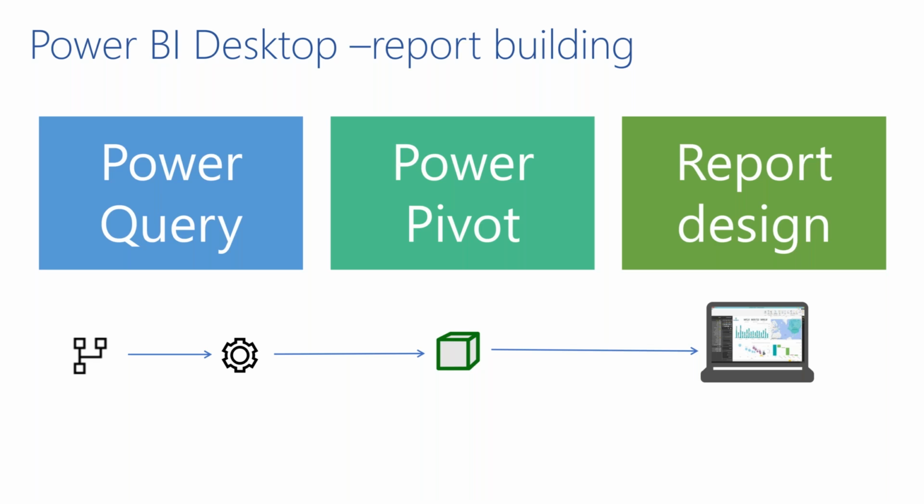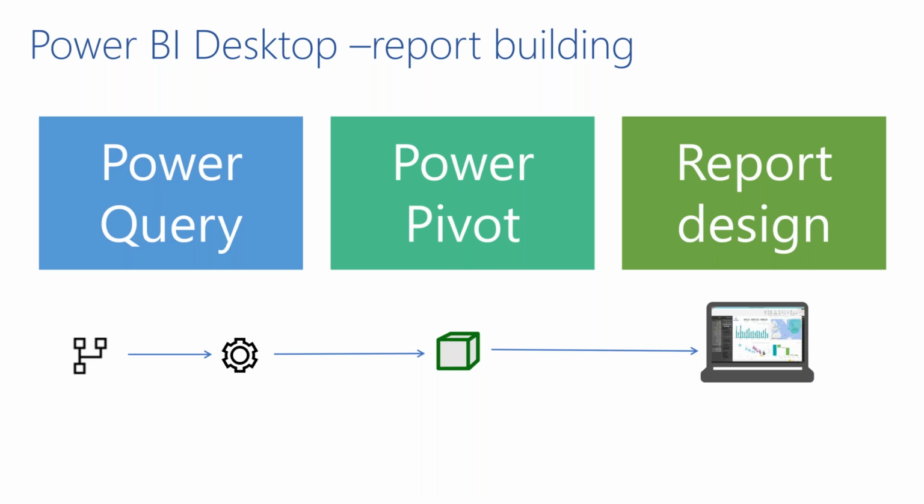So we've built this data flow up within the service. We've gone out to the source data, we've transformed it, we've got it into the shape we wanted. And now that data is what feeds our report. So we've got a second Power Query step. We still have to go and get the data from that data flow and persist it in our model, or cache it in our model. And that's the classic way now, or the most standard way to work with data flows.